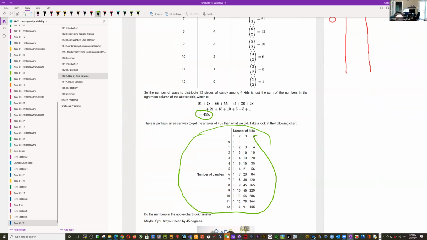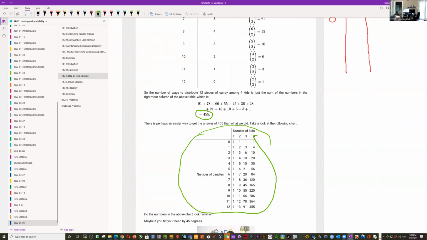You just get all the candy. So that's one. If you have two kids dividing the candy, 0 candy has one way. 1 candy you have two ways. You can give either kid 1 or kid 2. So basically it goes this way all the way to 13.